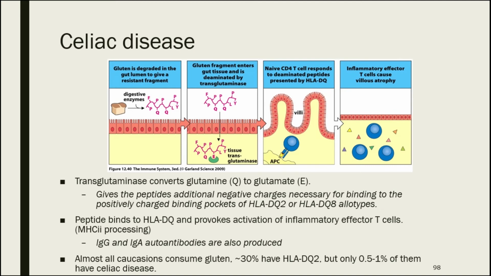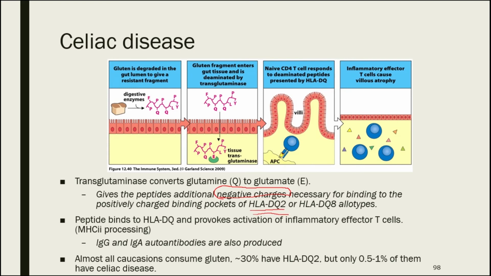Now, once you eat the gluten, it will be degraded inside your body, and the degradation will give the peptides a negative charge. This negative charge can bind to a positively charged binding pocket on a special type of HLA, HLA-DQ2.